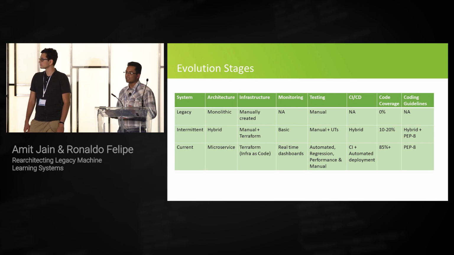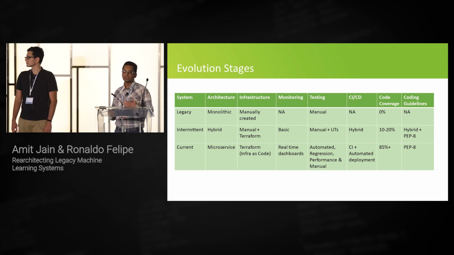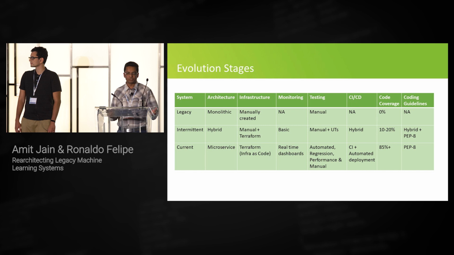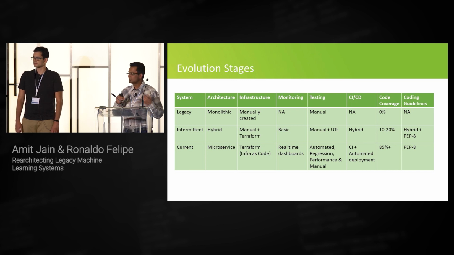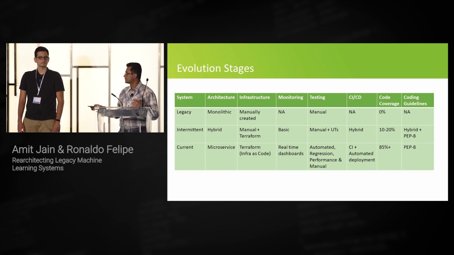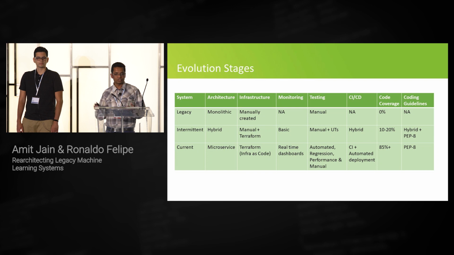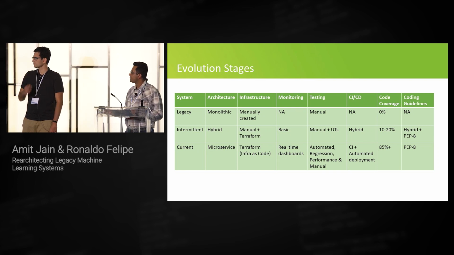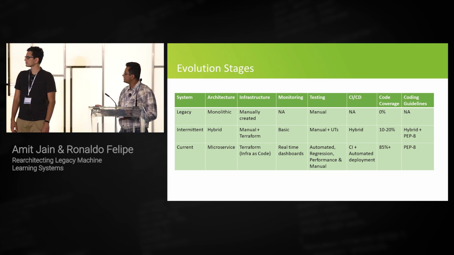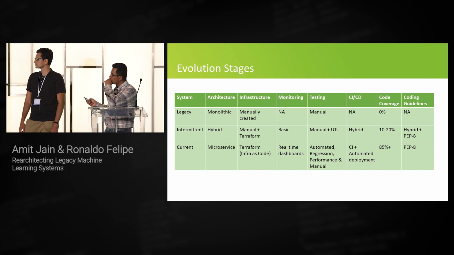In the intermediate stage, we had some basic monitoring. We could monitor the new service here and there on the API responses, and we could monitor the batch jobs. And in the current architecture, we have real-time dashboards. I'll show a picture of that later in this presentation. One big effort which we have made is on testing.